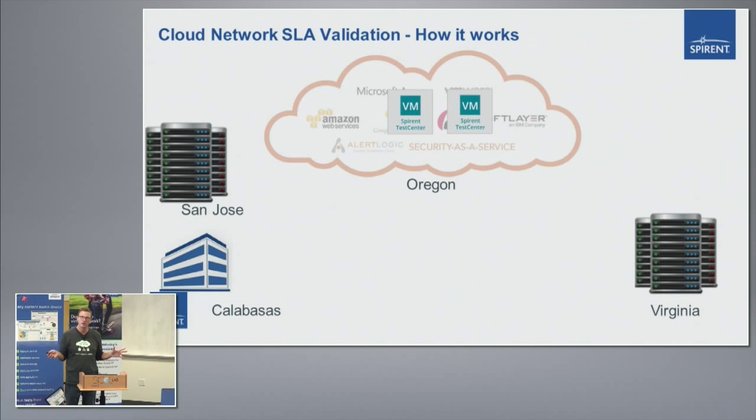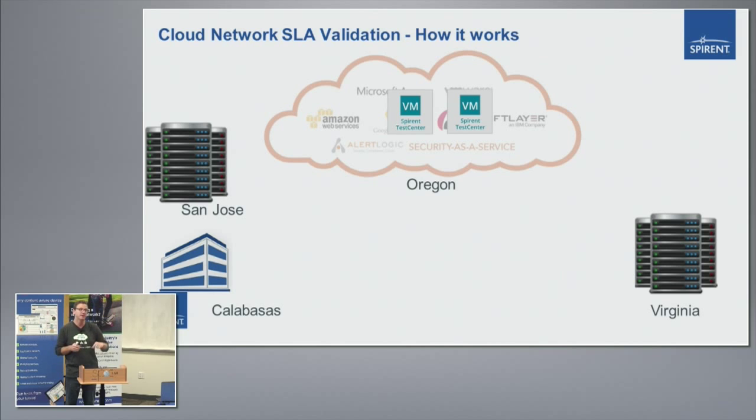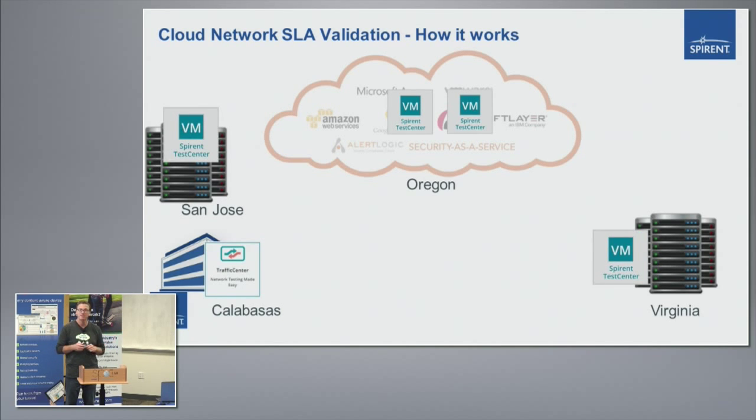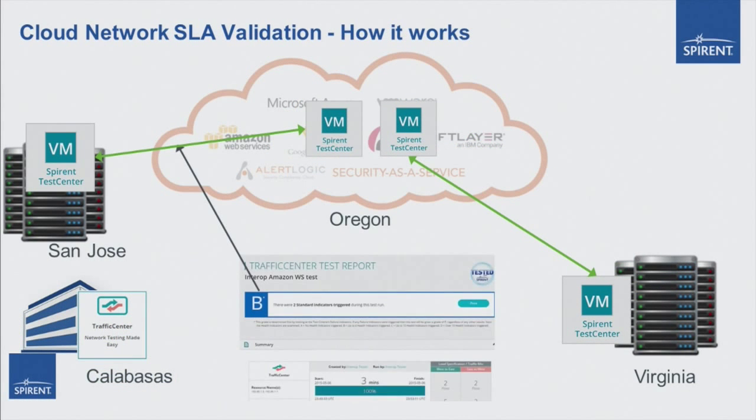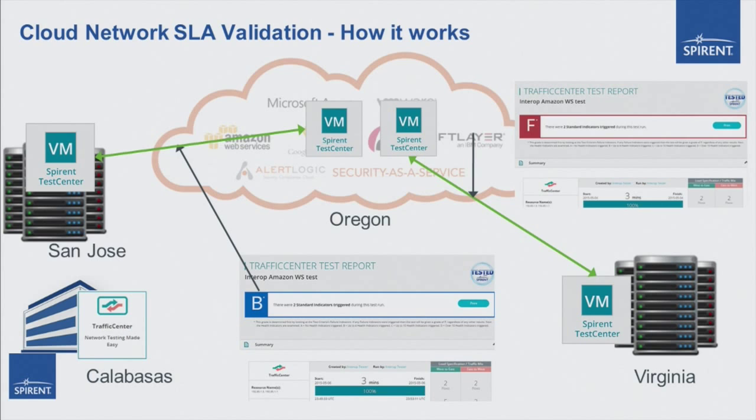We launched our virtual images up in the cloud, gave them a publicly accessible IP. We had our VMs running in these co-located data centers and had our TrafficCenter application running just in our Calabasas office in SoCal. And we were able to run those tests with the same SLA scoring mechanisms, and get the different scores from those different data centers to those cloud providers.